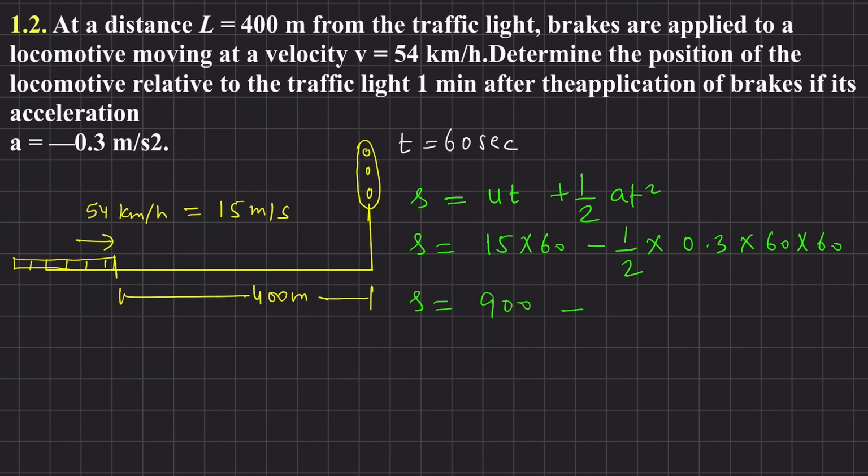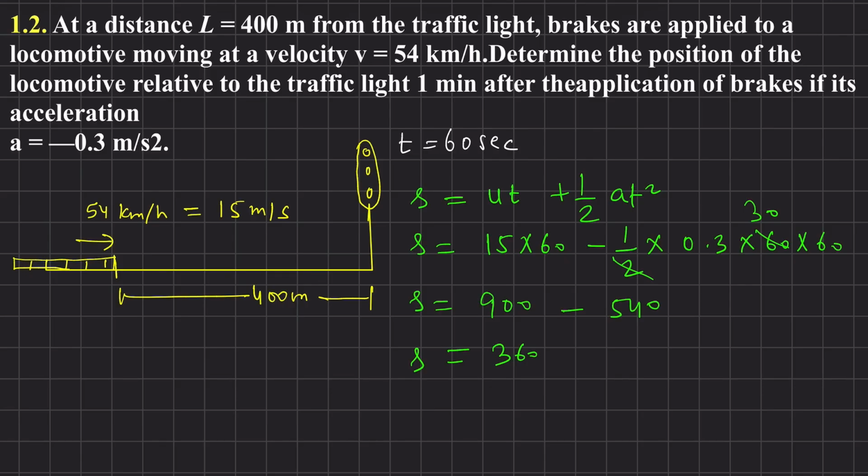And then this is 30, so this is I think 540. So 900 minus 540 is 360. So according to us, the displacement should be 360.